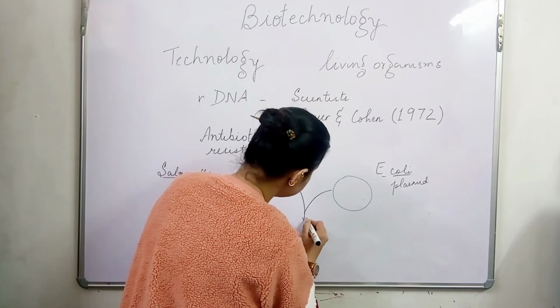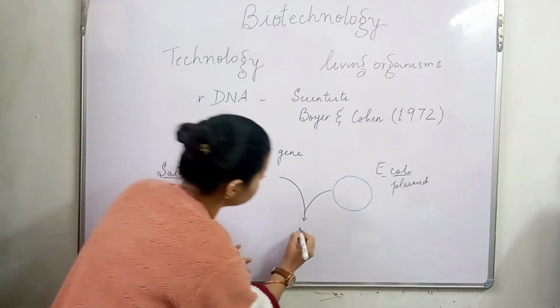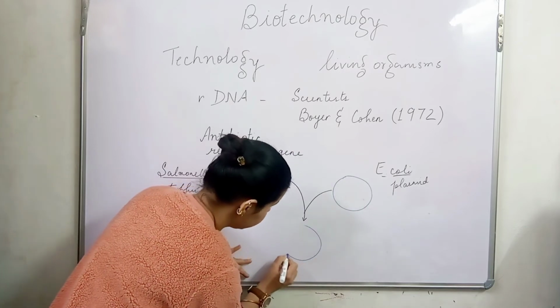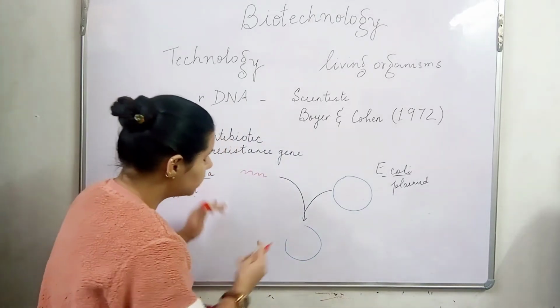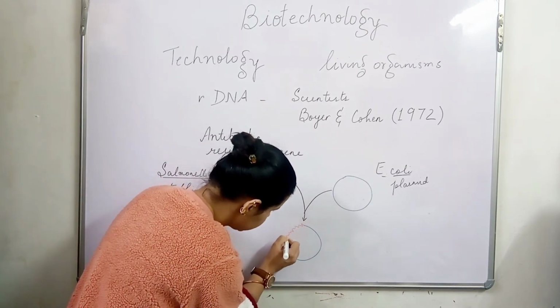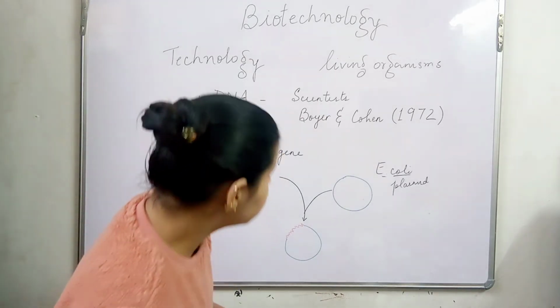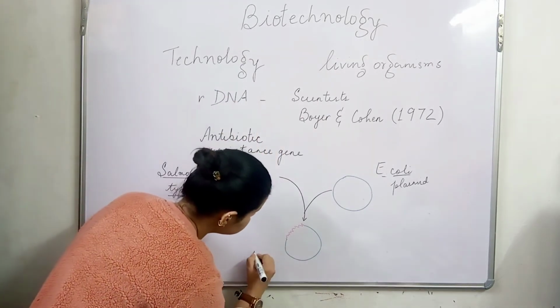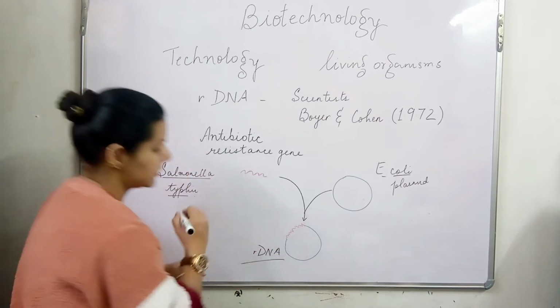It somehow looked like this. This is a part of the plasmid, and into the plasmid, the antibiotic gene was inserted. So this is the first rDNA molecule, the recombinant DNA molecule that was synthesized.